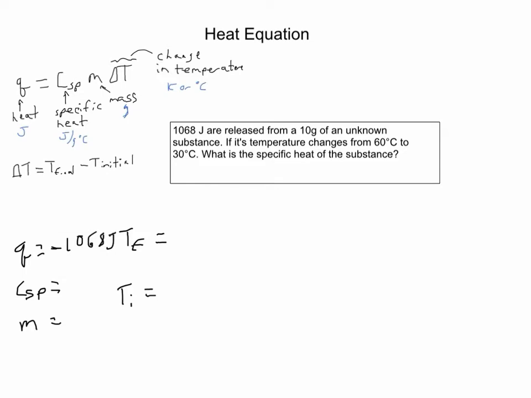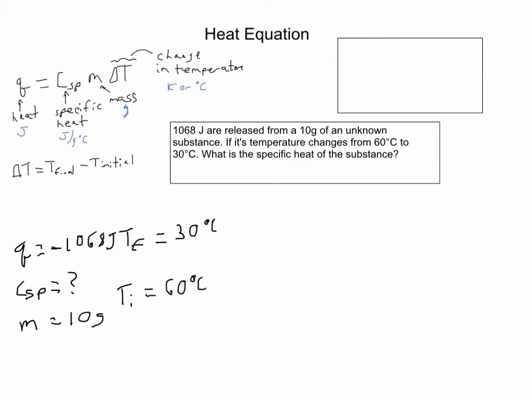If it's gaining energy, it'll be positive, or absorbing energy. Specific heat, we don't know. The mass is 10 grams. The final temperature, what we end at, is 30 degrees Celsius.